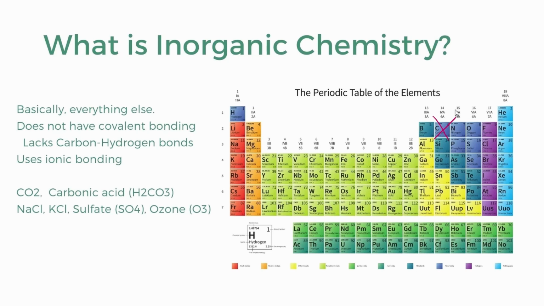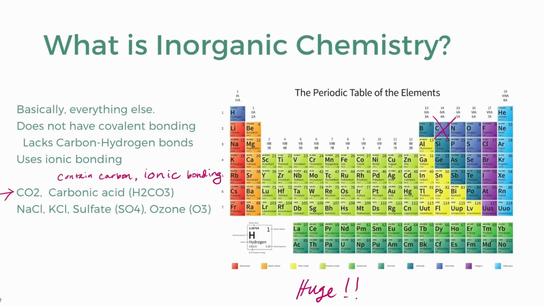Now, there are some cases, I wrote a couple down here, where there is carbon dioxide, CO2, carbonic acid, H2CO3. Those are carbon molecules, and so they could be confused for organic chemistry, but they actually use ionic bonding and not covalent bonding. So that's the reason why they're in this camp and not the other one.